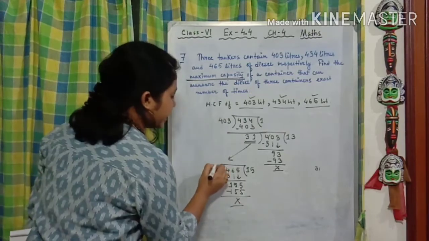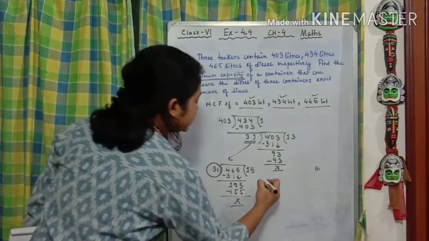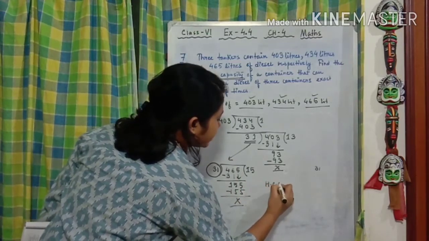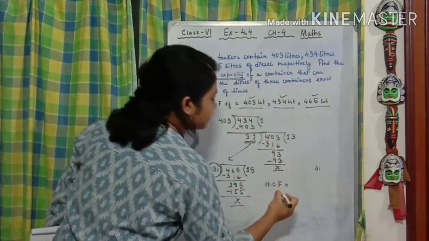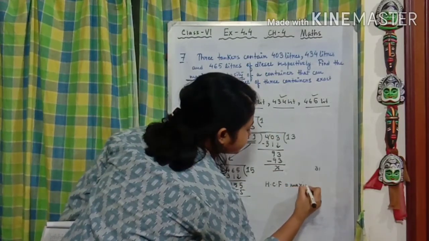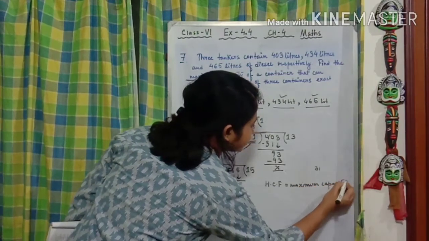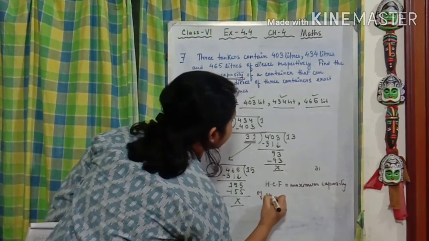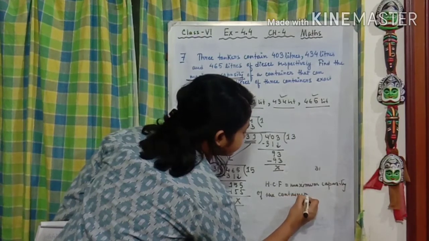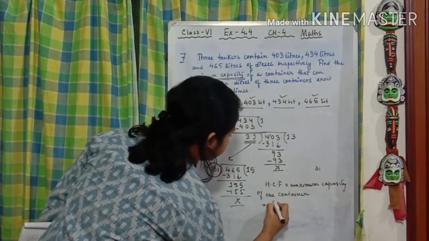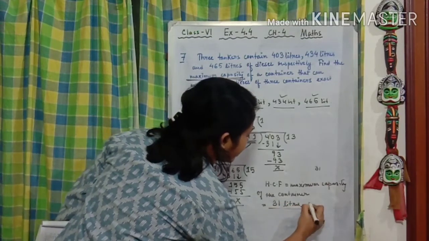So the HCF asked is 31 liters. So the maximum capacity of the container will be 31 liters, and this is our answer.